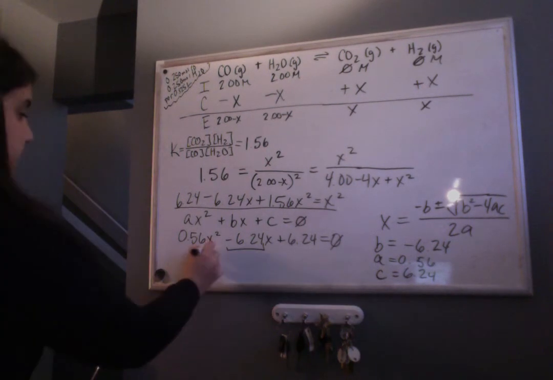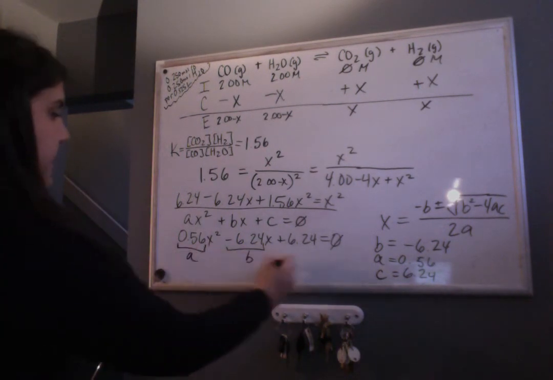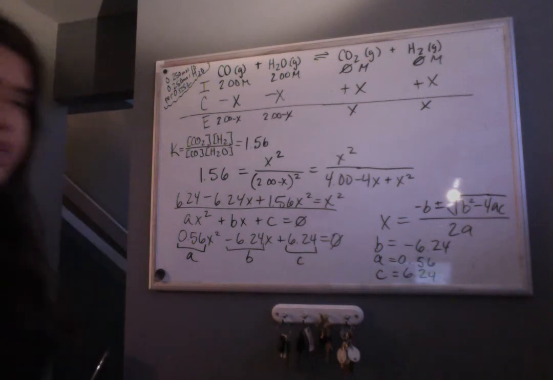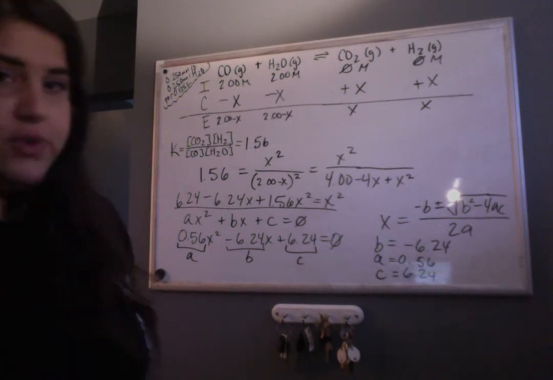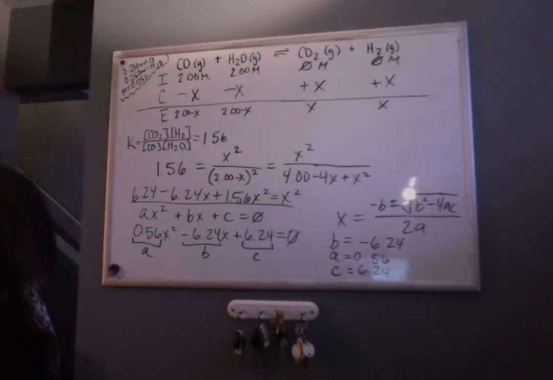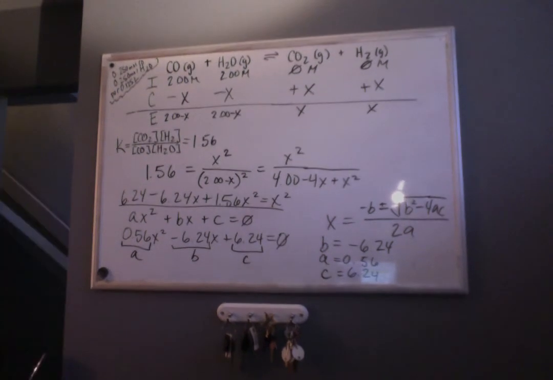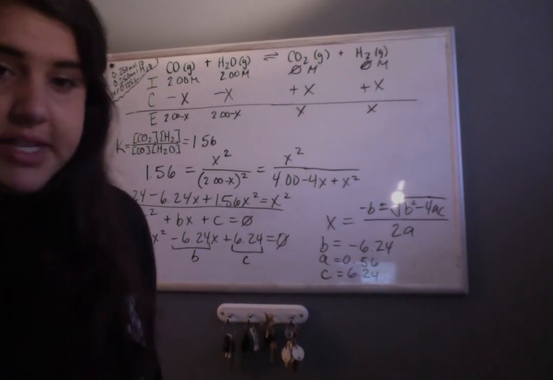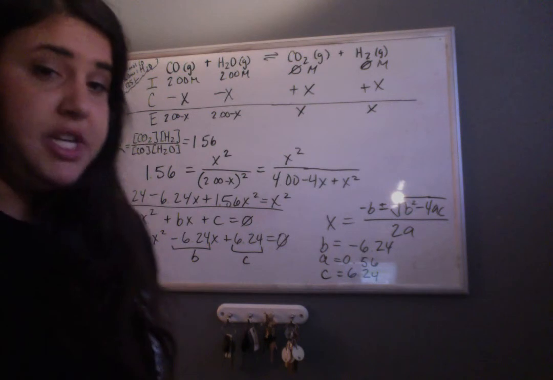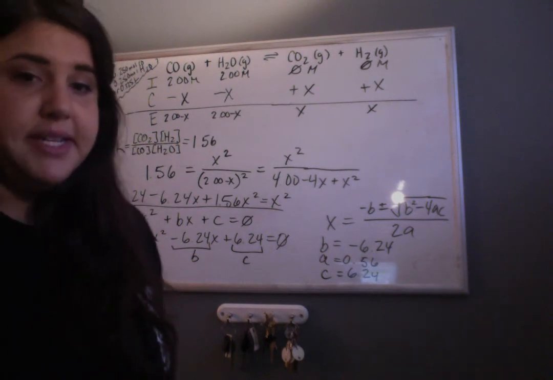Again, that's a, b, and c, just in case you needed a refresher on the quadratic equation. My apologies for having to shift this. There we go. Sorry for the glare. The quadratic equation is in your notes in the Chapter 17 lecture slides.